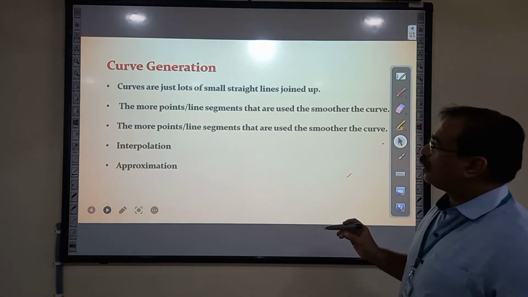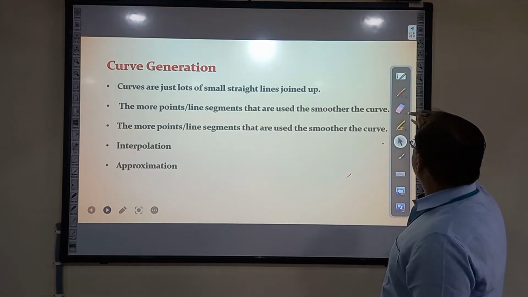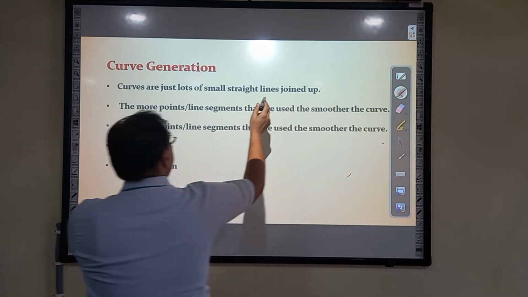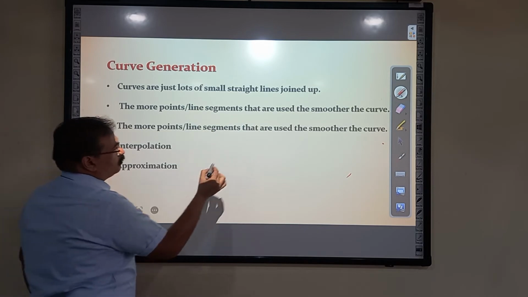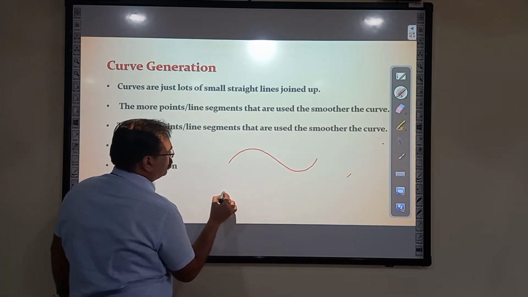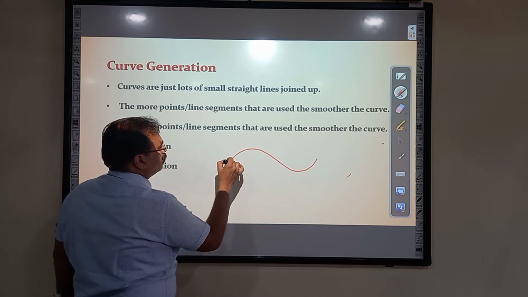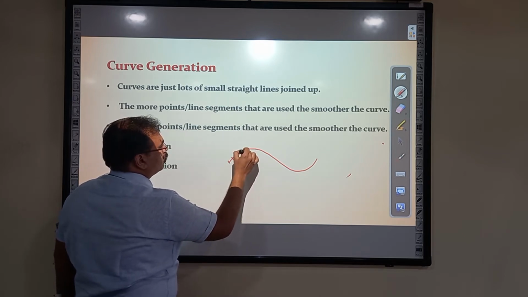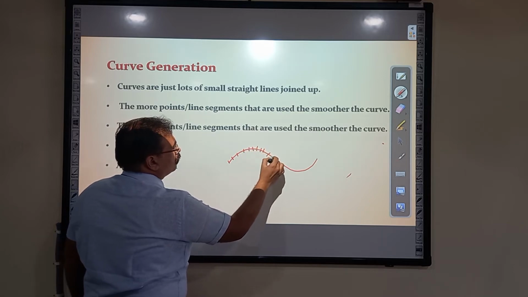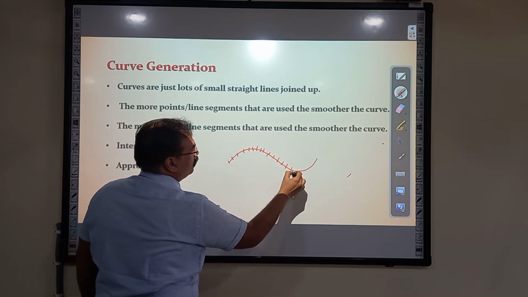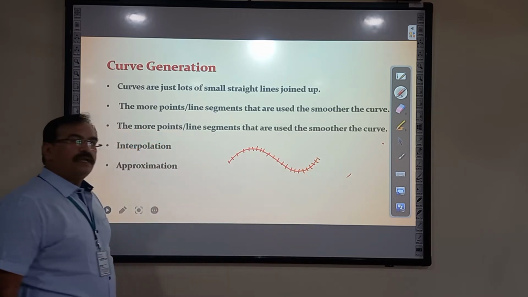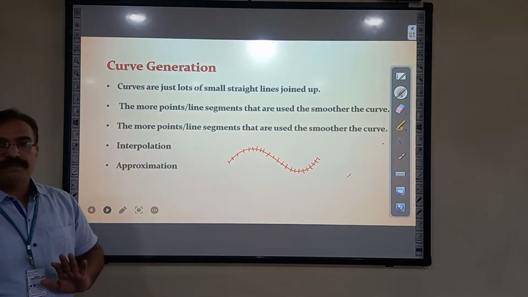So when we talk about generating a curve, it is just lots of small straight lines joined up. If I am talking about this curve to be generated, it can be treated as small line segments which are joined together.